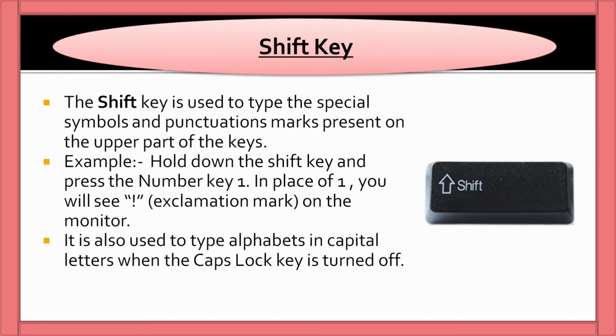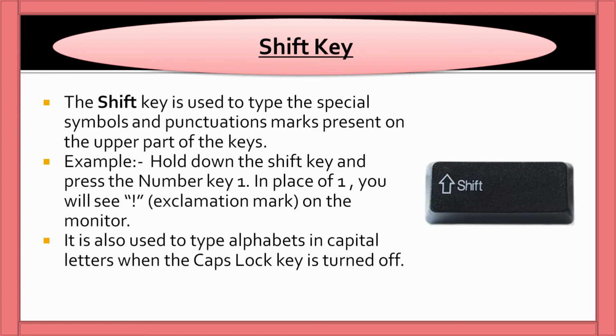Shift key. The shift key is used to type the special symbols and punctuation marks present on the upper part of the keys. For example, hold down the shift key and press the number key 1. In place of 1, you will see an exclamation mark on the monitor.